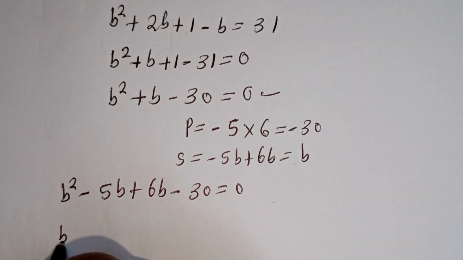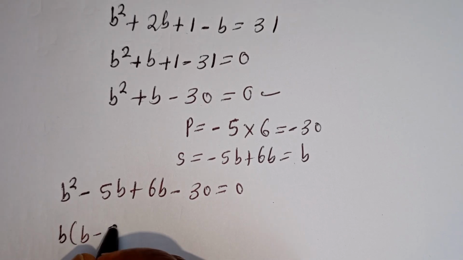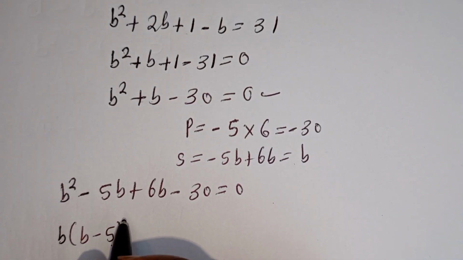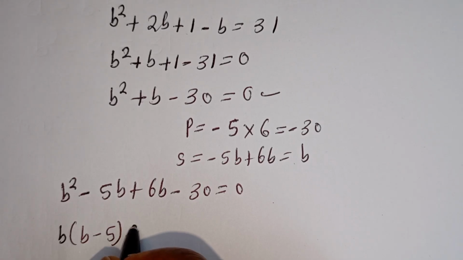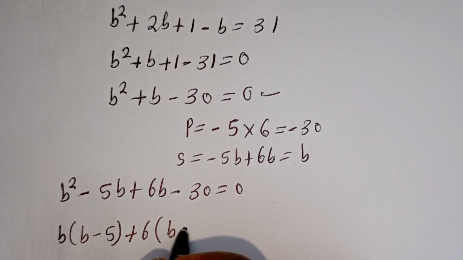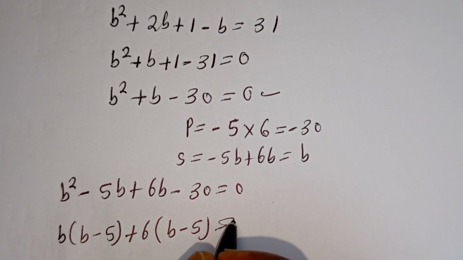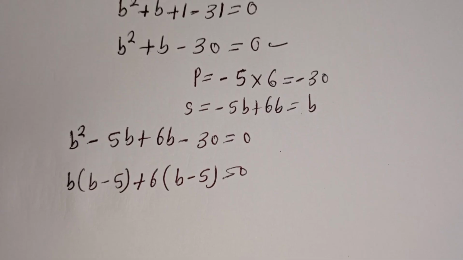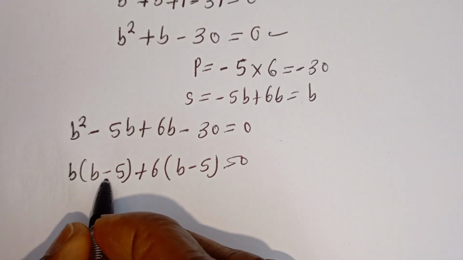Then we have b bracket b minus 5 plus 6 bracket b minus 5 is equal to 0. Then here, b minus 5 is common.